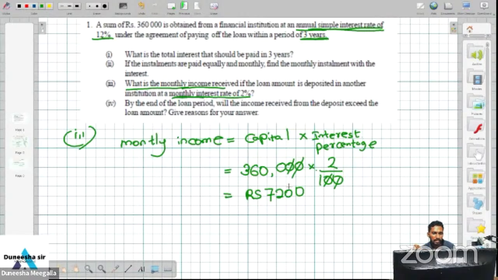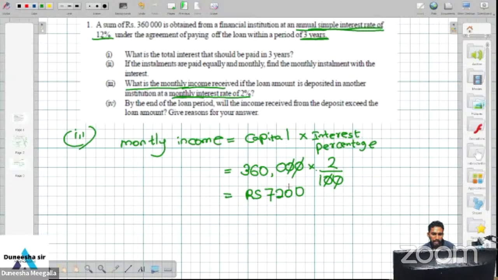then what is the monthly income from the deposit? 7,200. How many months are there to the end of the loan period? It's 36 months. Okay.